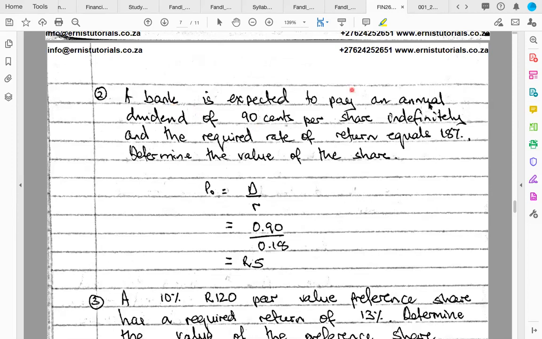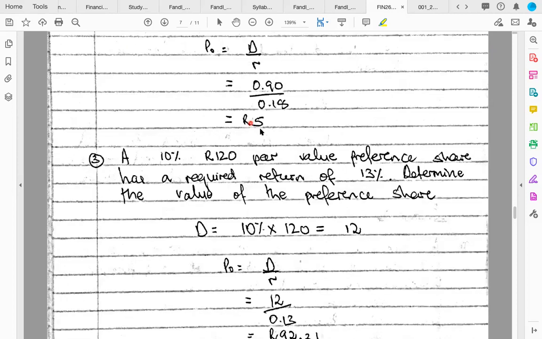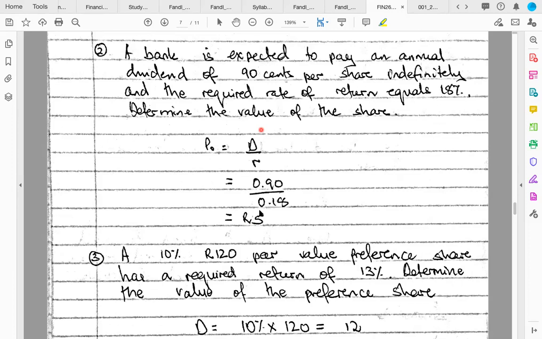A bank is expected to pay an annual dividend of 90 cents per share indefinitely, and the required rate of return is equal to 18%. Determine the value of the share. We simply take the dividend over the required return, 0.9 over 0.18, and we get 5 Rand. So this is the value of the share.